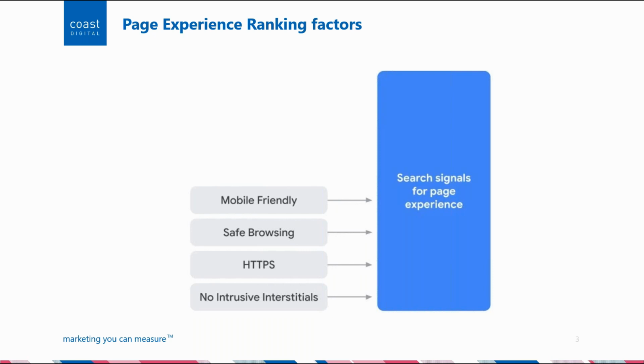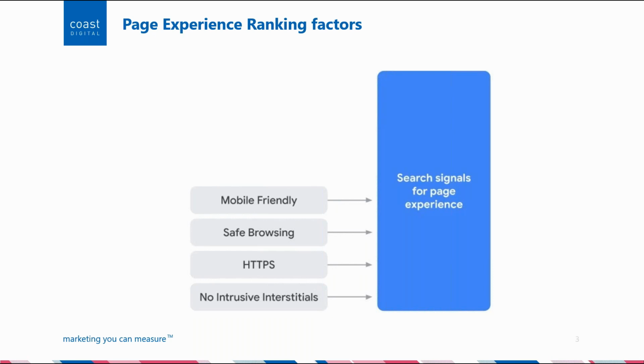Things like safe browsing, is your server secure, and is it free of malware and things like that, or any malicious software? Are you running a security certificate? And are you encrypting user data that they're submitting on your website?